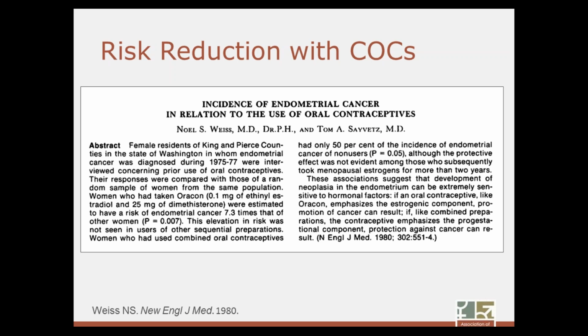So this is one of the first studies to show reduction in the risk of endometrial cancer among combined hormonal contraceptive users. This study evaluated women with cancer for their use of COCs, and it was a case control study. And so they found that in the study, 17 of the 110 women with endometrial cancer were users of hormonal contraception versus 76 of 249 of the controls without endometrial cancer.